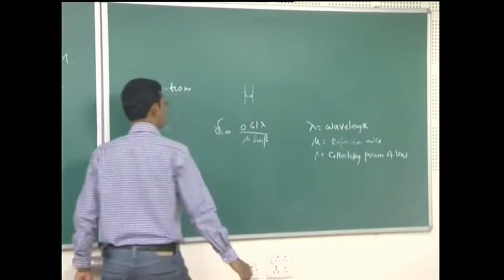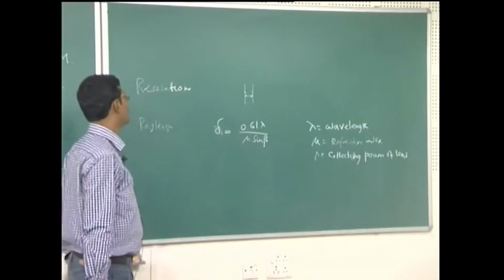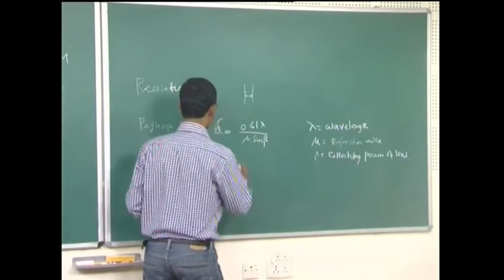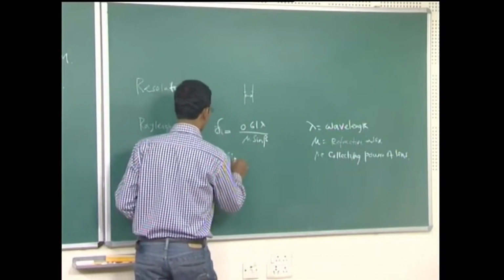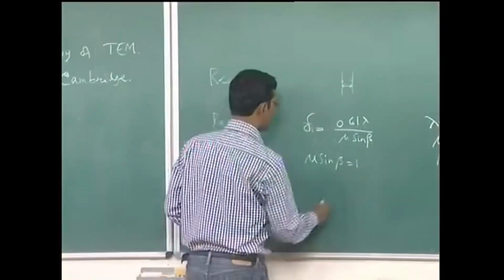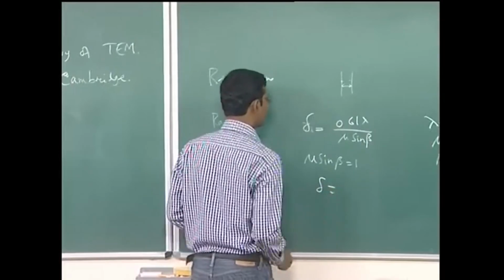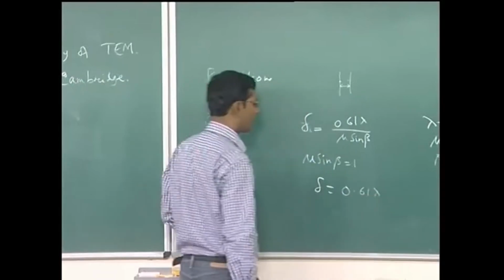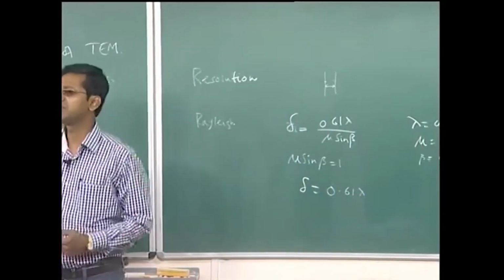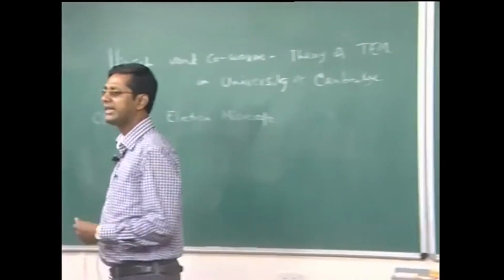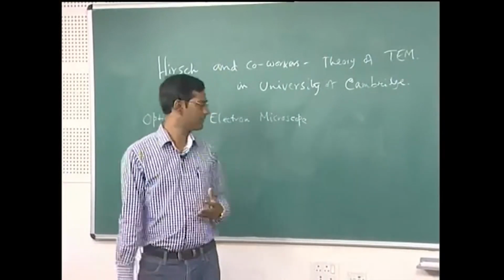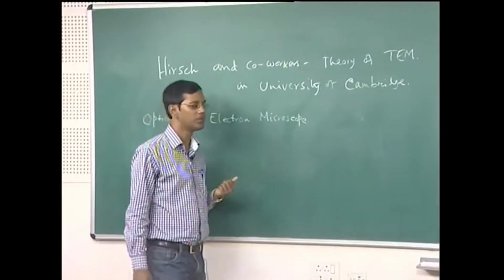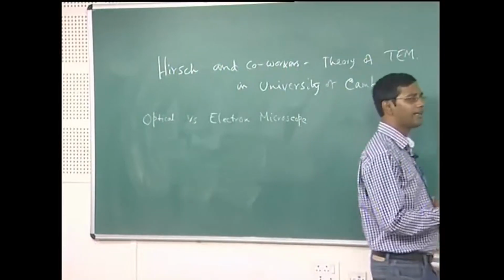So, in the extreme case, if we consider mu sin beta to be equal to 1, then the resolution becomes 0.61 lambda, that is about 60% of the wavelength. If we consider normal light, it has different wavelengths.